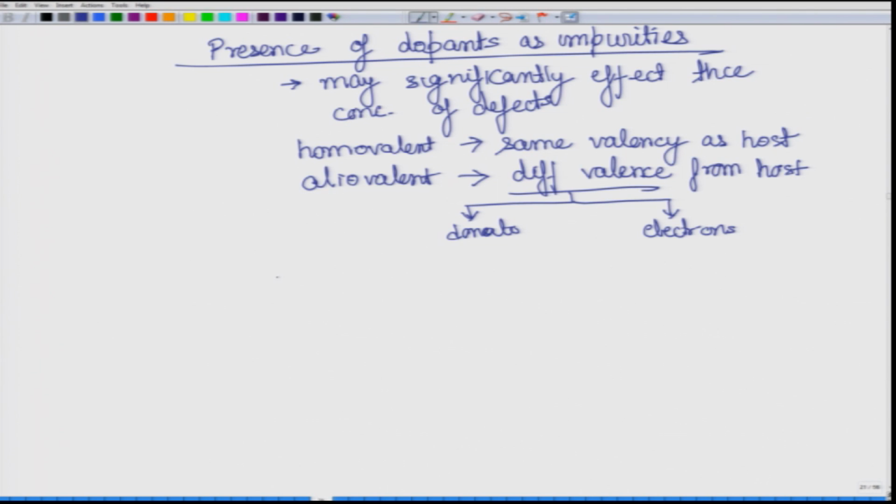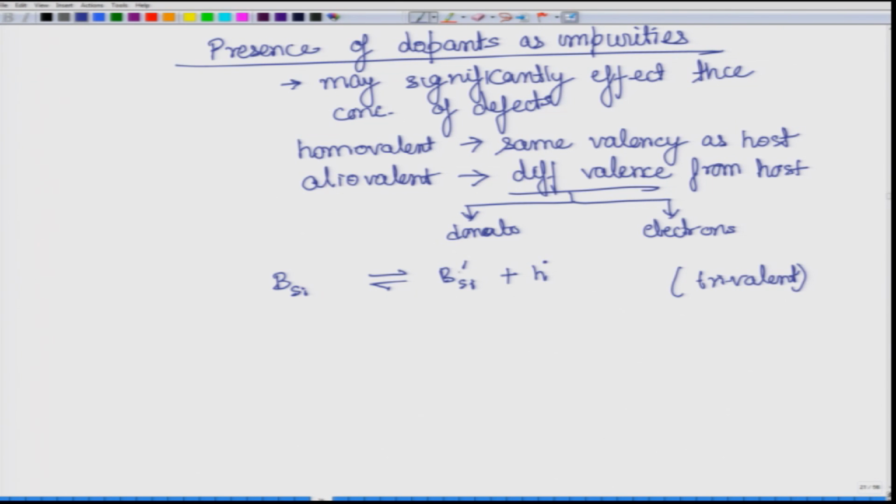So, let us look at the example of boron. If boron is present at a silicon site, silicon which should have 4 valence electrons, but boron has 3, so it is trivalent. When boron is there, it means that it has effectively one negative charge, and therefore it will emit one hole.